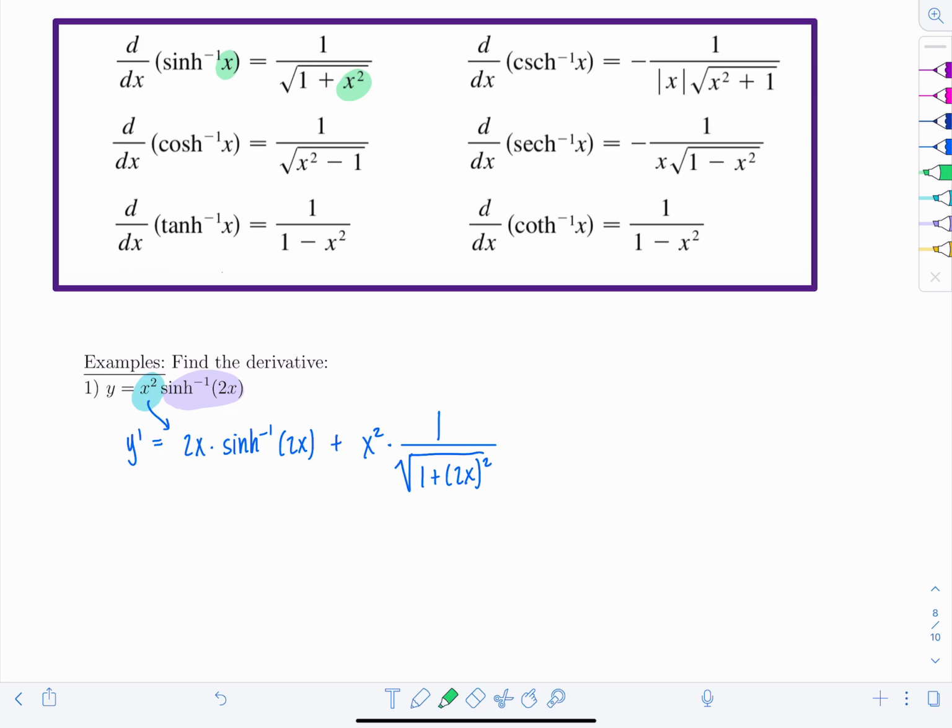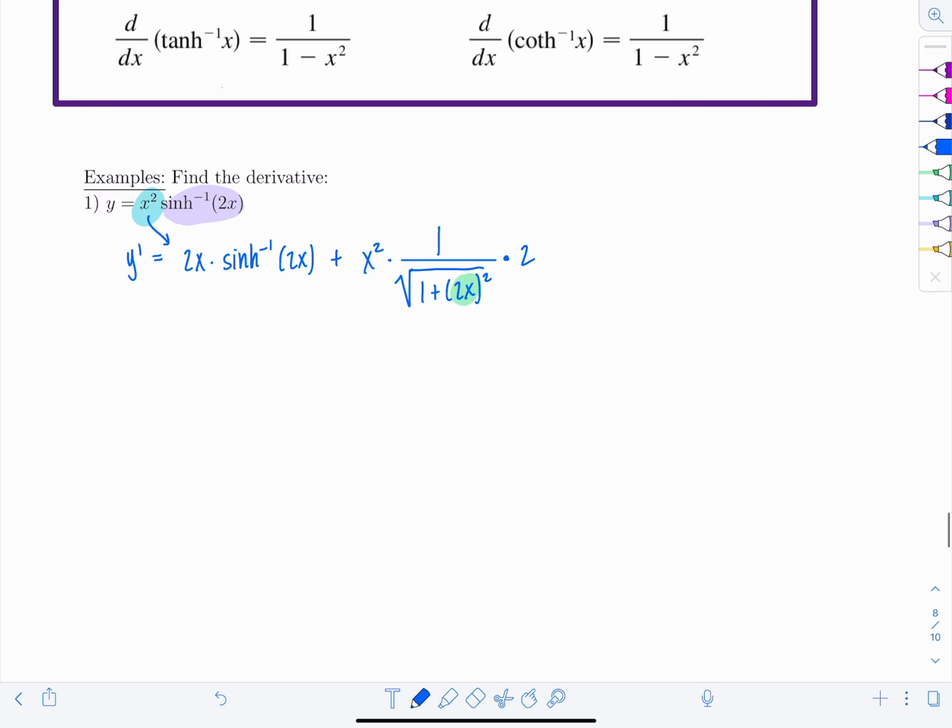And since the argument was not plain old x, I have to use the chain rule and multiply by 2, the derivative of 2x. All right, that's it. Let's just write it a little nicer and we're done. So we've got 2x sinh inverse of 2x plus, I'm just going to put 2x squared together in the numerator over rad 1 plus 4x squared. And that's it.